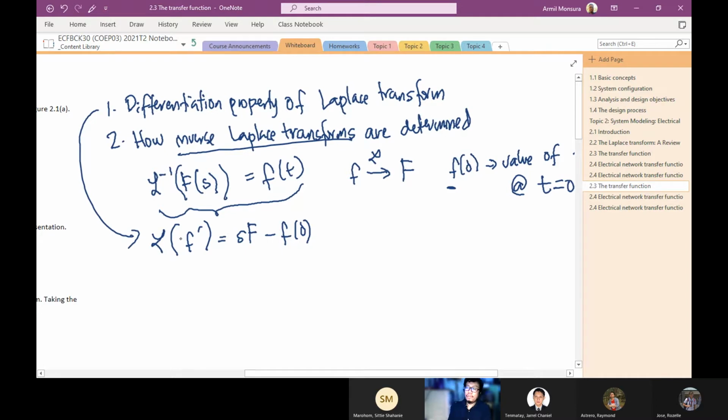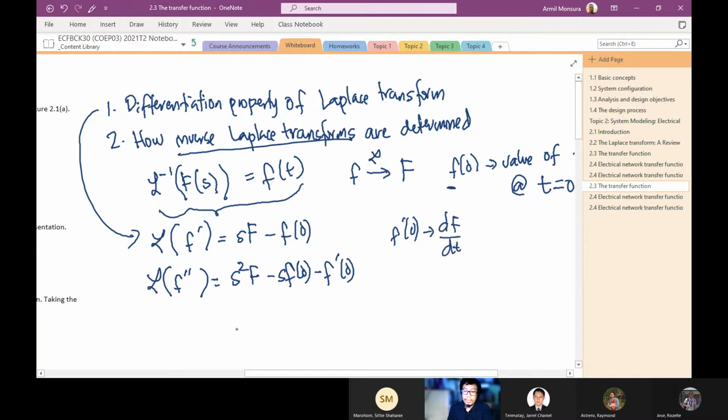Okay. Now, so this is the Laplace transform of the first derivative. Yung Laplace transform naman ng second derivative is s squared times F, minus s times f of 0, minus f prime of 0.